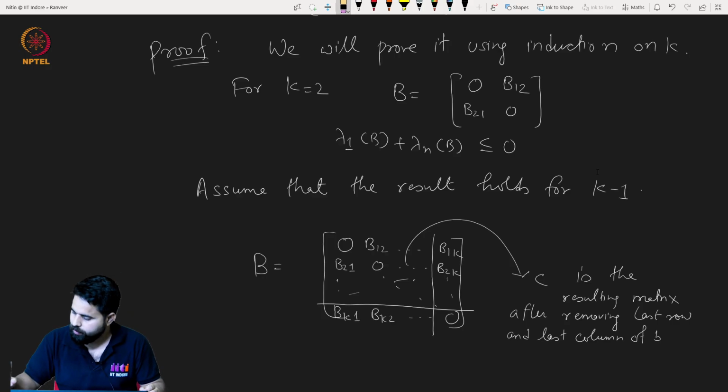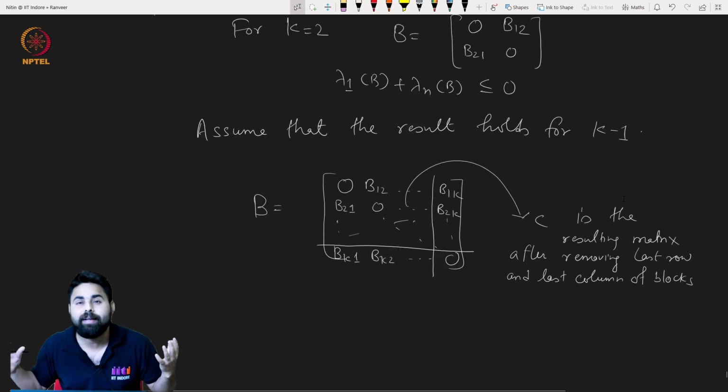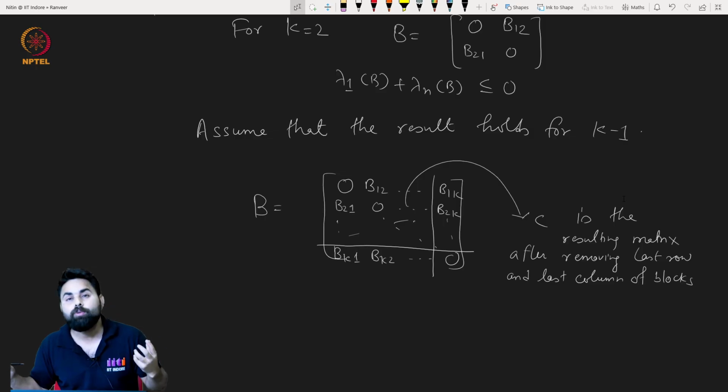Okay, so blocks. Okay, very good. Now if you see that, suppose this matrix is C. Now C is what? C is k minus 1. So there are k minus 1 blocks, right?